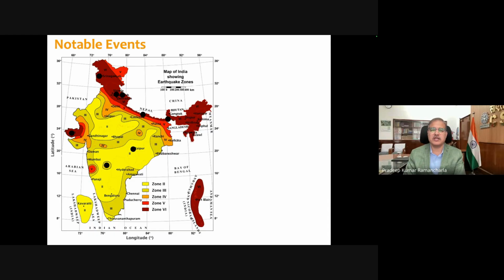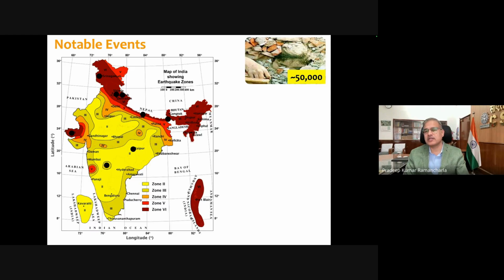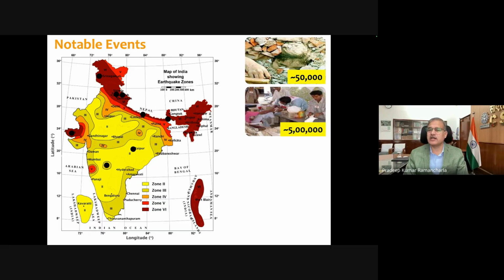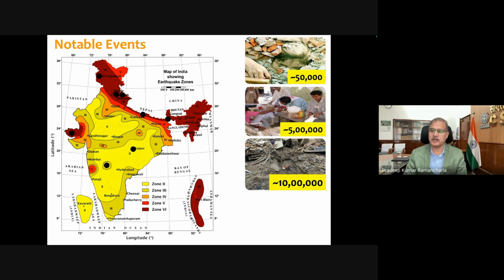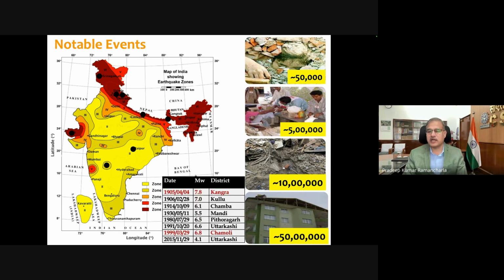These are some of the recent earthquakes which occurred in the country and caused over 50,000 deaths, around 5 lakh people severely injured, 1 million buildings collapsed, and 5 million buildings severely damaged.